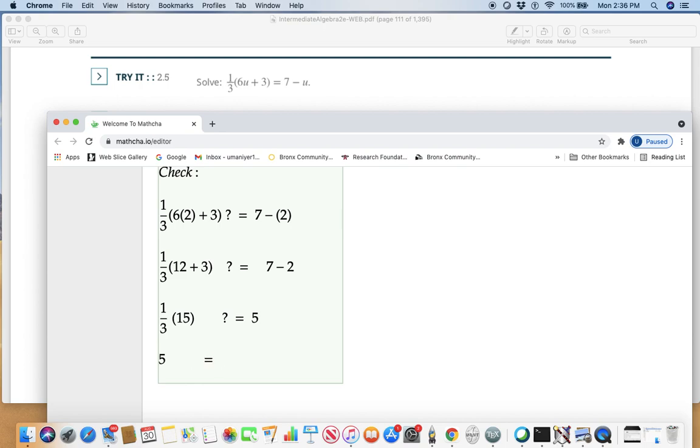Question equal 5. Well, there is no more question. 5 is 5, which is good. So u equals 2 is the solution of this equation.